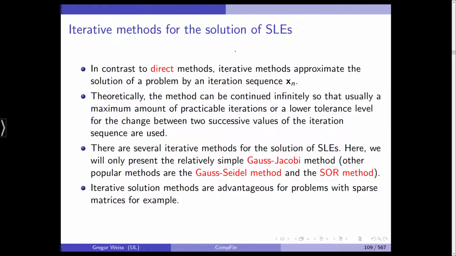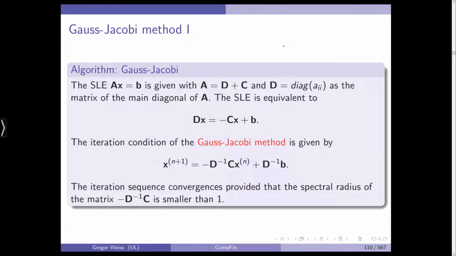We could do a lot of calculations using a direct method, but all these computations would actually be 0 times 0 times 0 plus 0 times 0, the result being 0. The computer would do this every time, and thus we would waste a lot of computational effort and time, whereas iterative methods will hopefully converge quite quickly because they will see that the matrix has this structure and we have a lot of zeros. So this is where we usually apply iterative methods for solving systems of linear equations.